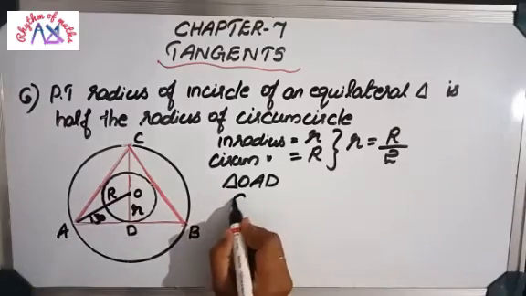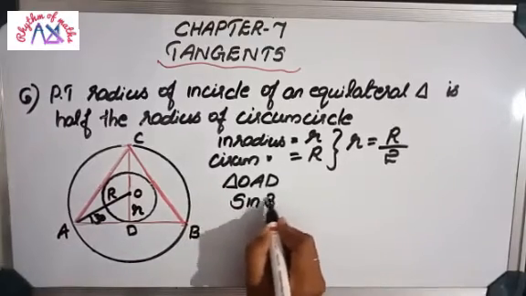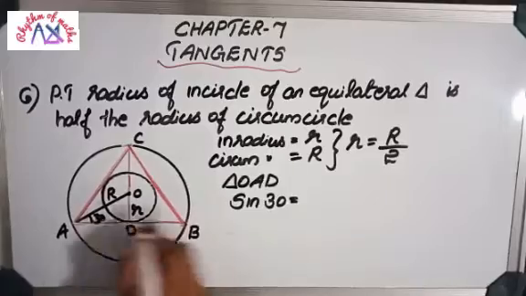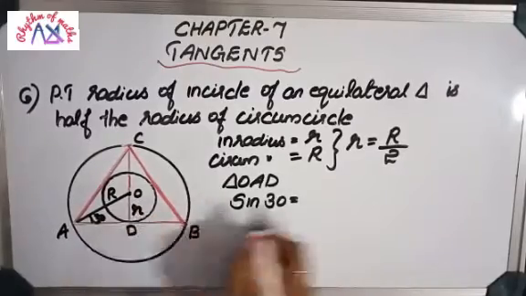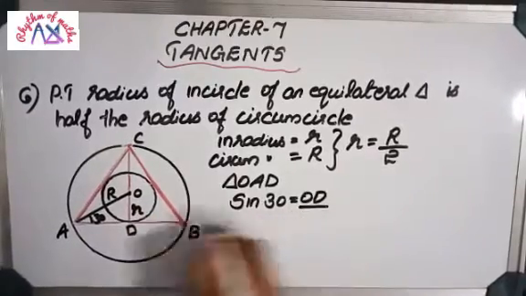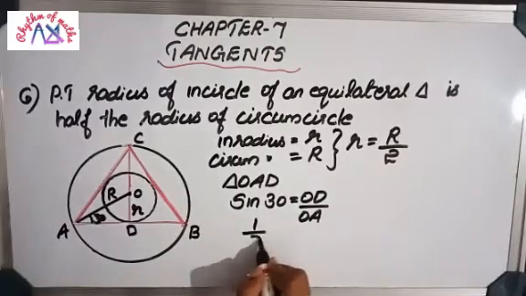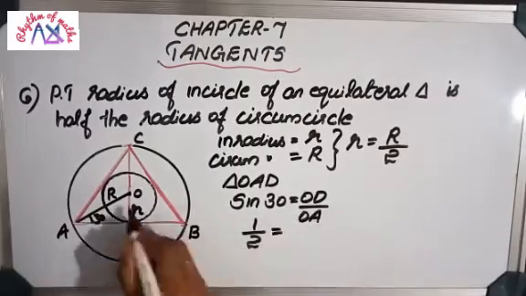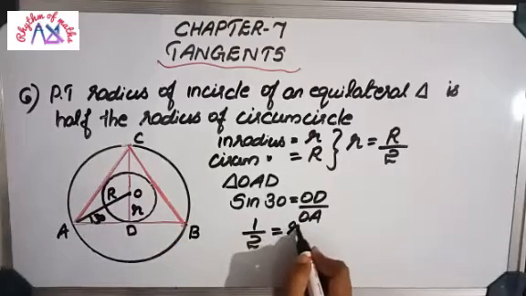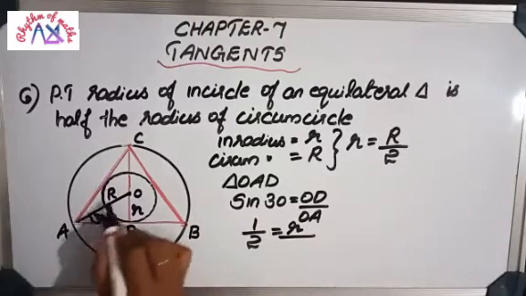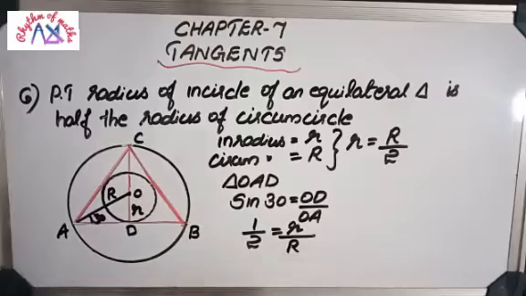The sine angle. Sine 30 equals opposite side by hypotenuse. Opposite side is OD, hypotenuse is OA. Sine 30 value is 1 by 2, equal to OD, small letter r inradius, divided by OA, capital letter R.